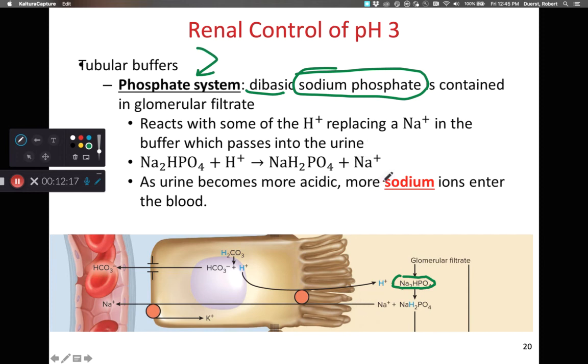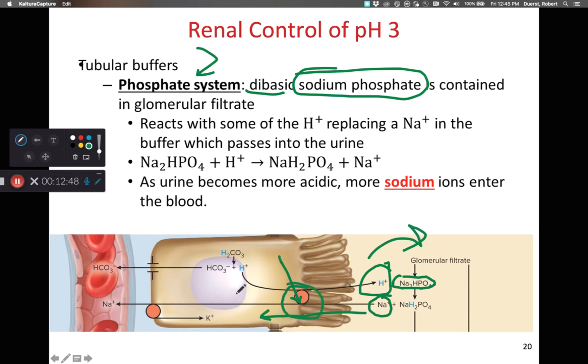So as we look at this dibasic sodium phosphate, it can bind to hydrogen ions that are being added to the filtrate. And as that hydrogen ion is added to the filtrate, it displaces one of the sodium ions, and that one sodium ion can then be dumped back into the cell, and that sodium ion raises the filtrate's sodium concentration. Sodium diffuses down its concentration gradient back into the cell, powering the hydrogen-sodium antiporter.